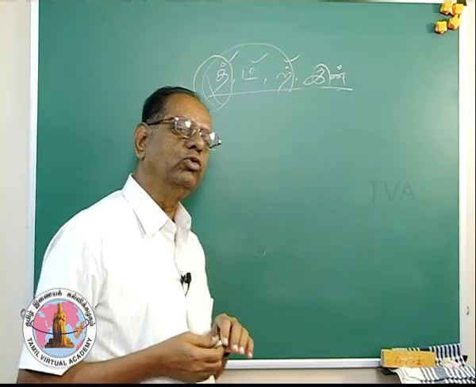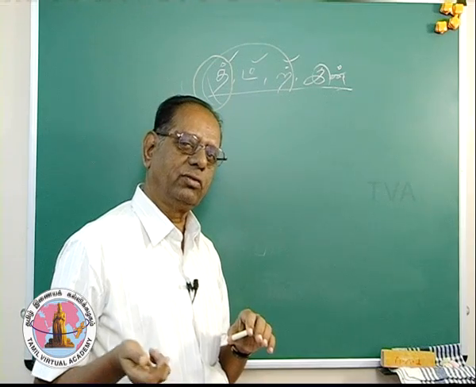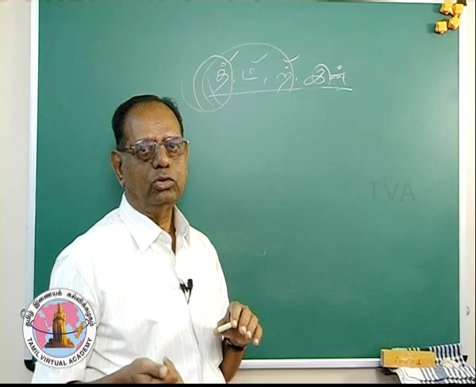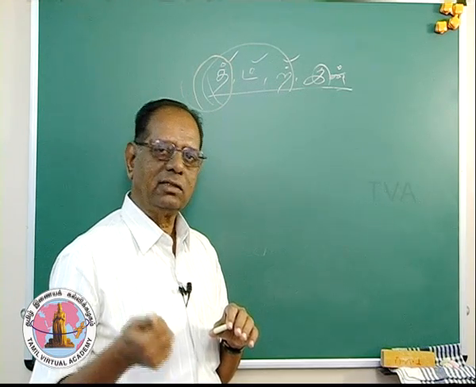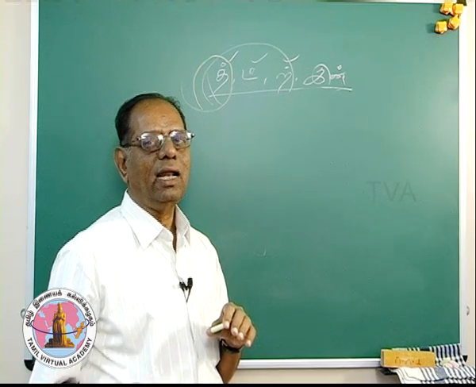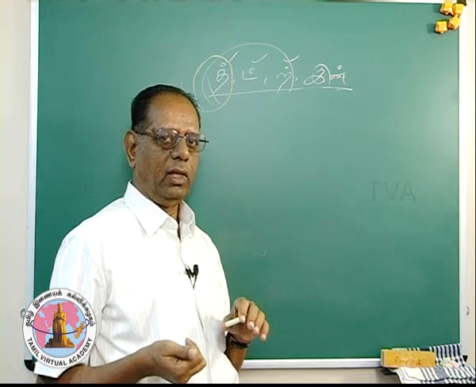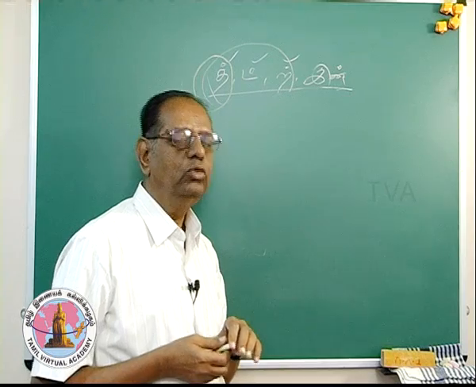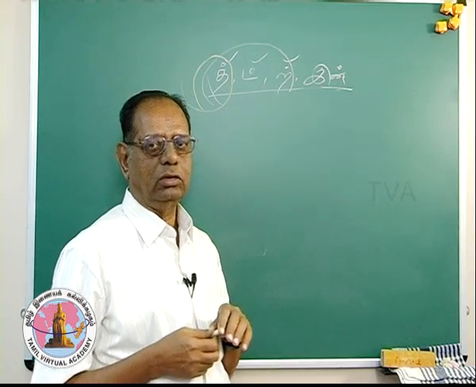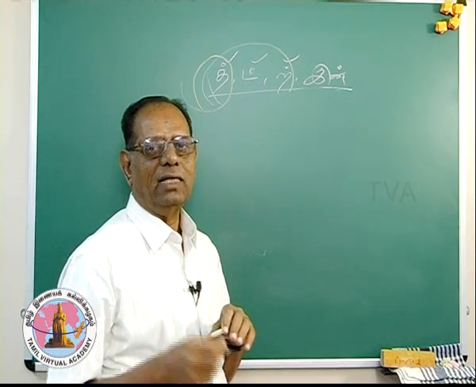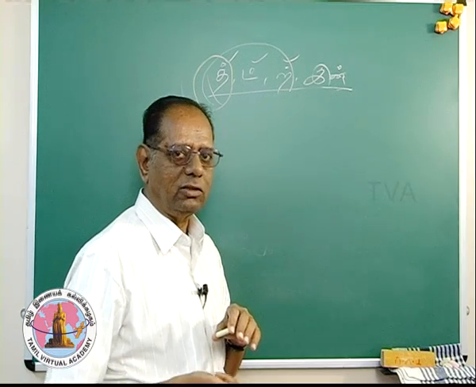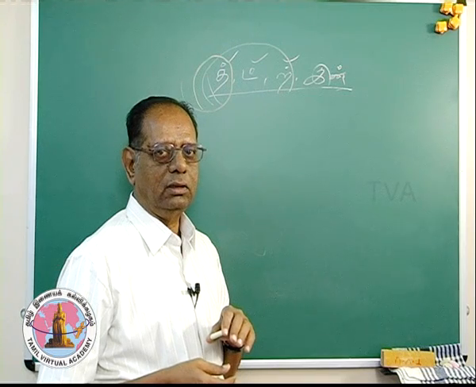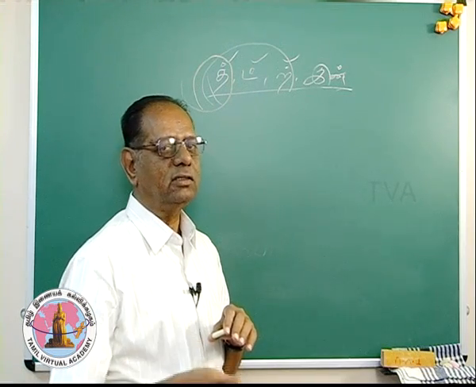In Tamil also you have certain verbs which act both as transitive and intransitive. Only in the conjugation you will be able to find out whether it is transitive or intransitive. If you have an object, naturally it is transitive.